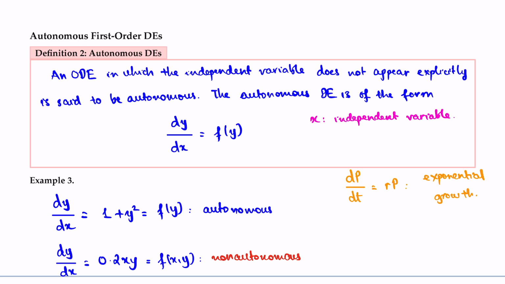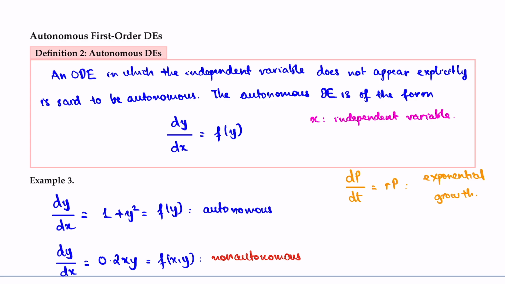Now, I want to relate this concept to a population dynamics example. You have, for instance, the differential equation dP/dt = rP. This differential equation is an exponential growth model, assuming that r is a positive constant. The idea of an autonomous differential equation in the context of the exponential growth model is that the growth rate at any moment depends only on how much you have right now, not on what day or what hour it is.